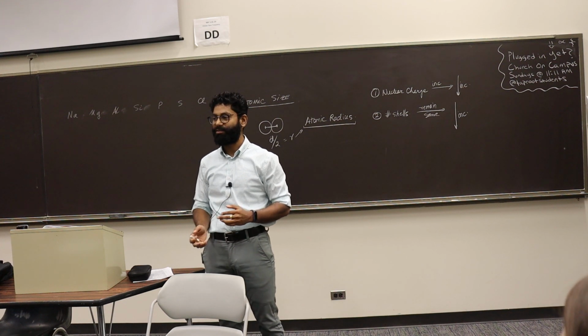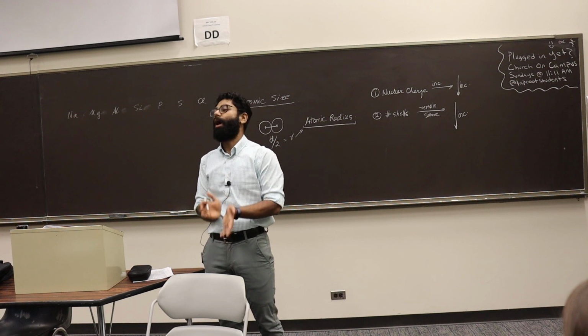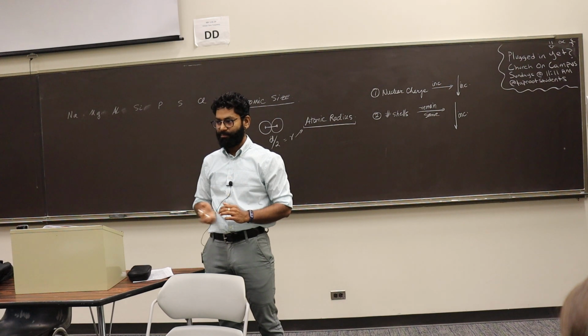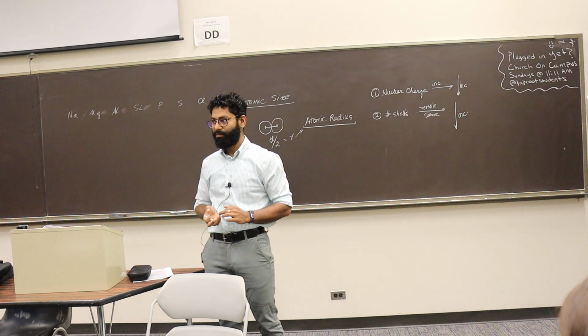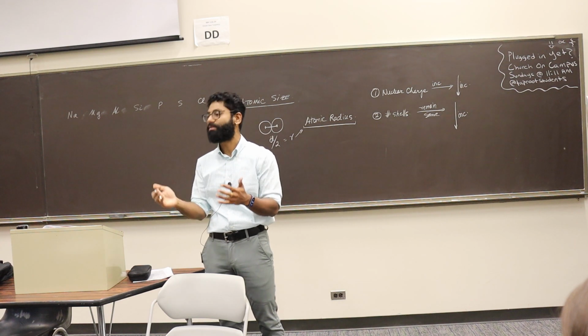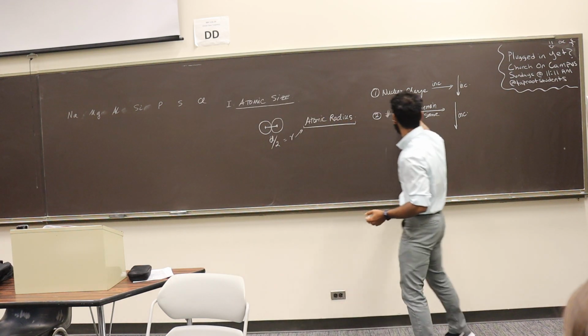What are the things on which the atomic size will be dependent? Protons and neutrons. Do you agree? I was going to say it's orbitals. Orbitals, or let's simplify it, say orbits. Okay, so from left to right, what happens to the orbits?